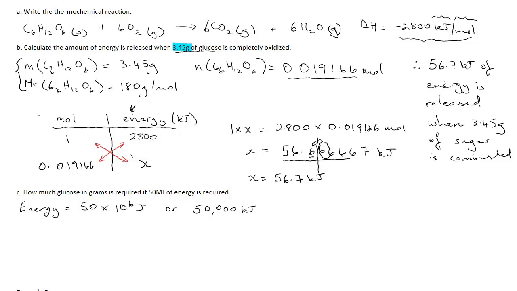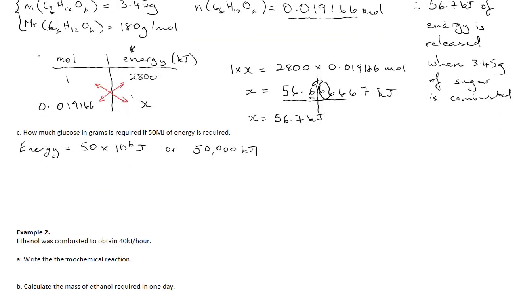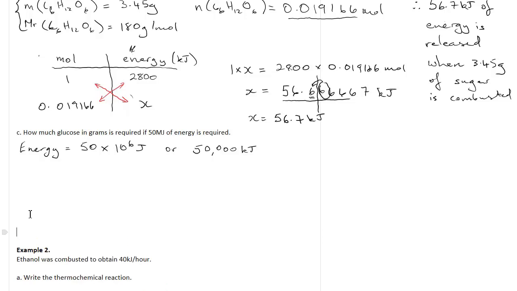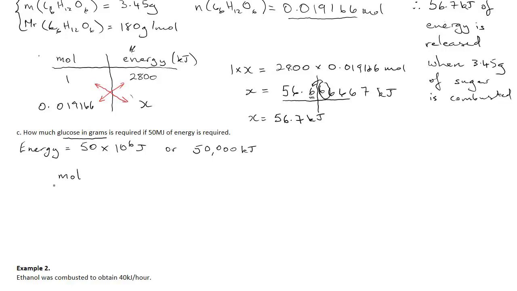Now, going back to our table, it's quite important to set this up again. This time, how much glucose in grams? So we still are working with mole at the beginning, because our enthalpy is in kilojoules per mole. So mole, and this is energy.